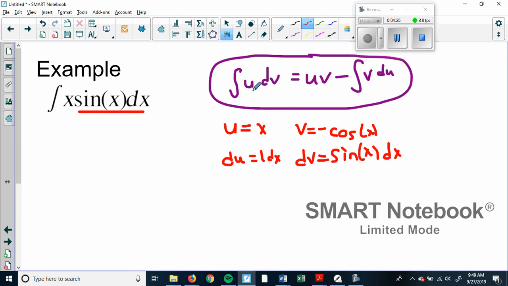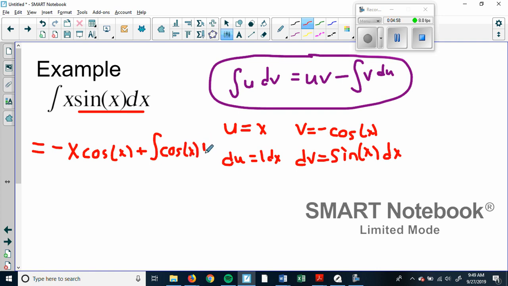Now if we start to put all of this together, this integral is uv, so negative x cosine of x, minus, well, what's v? v is negative cosine x, so I'm going to put the negative there. This was a negative, and with that negative, it makes it positive. So the integral of cosine of x dx.